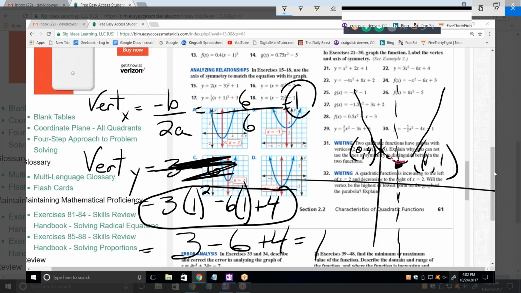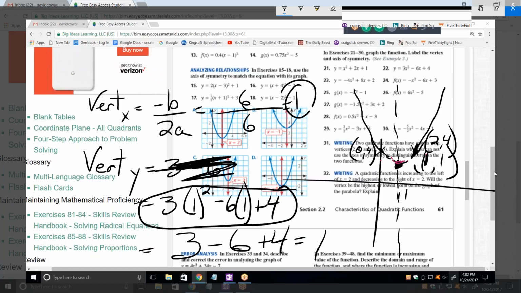I know the vertex, so now that I have 2 points, but I also know that it is symmetrical about that axis of symmetry, which is at 1. So what is this point over here? 2, 4. Yeah, exactly.